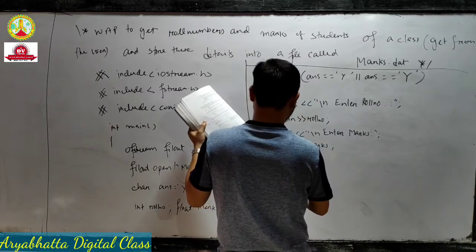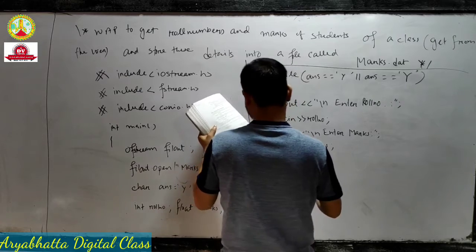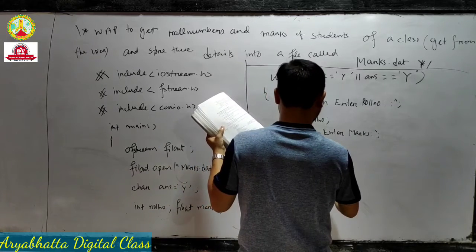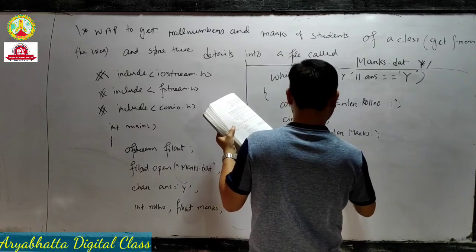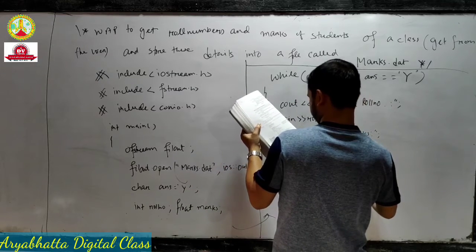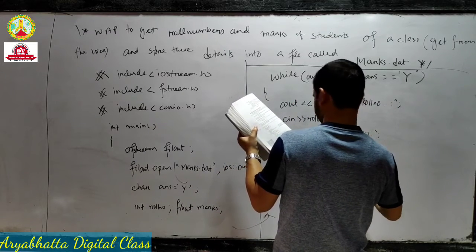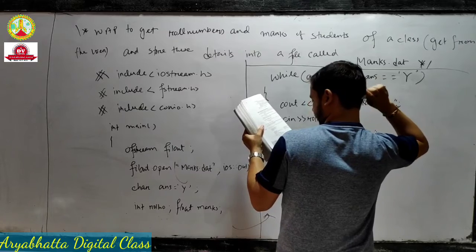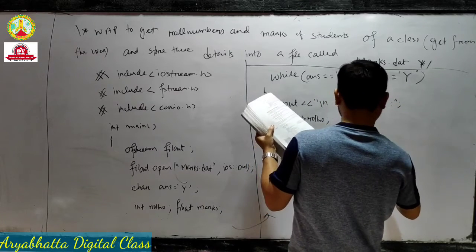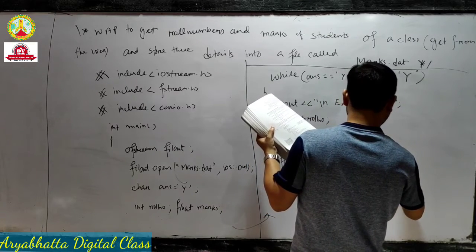And then write roll number, backslash n, this is for the output line.